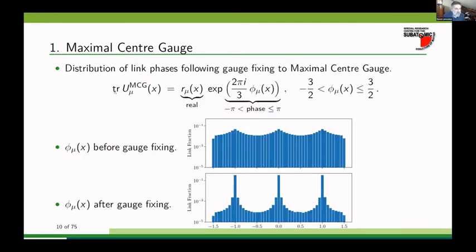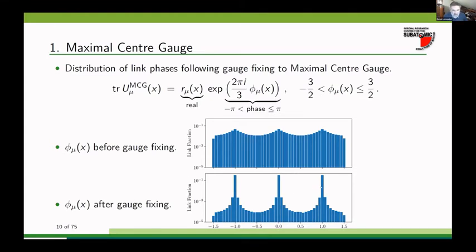Here's how it works. If we look at the trace of a link variable, we can separate that out into a real part and a phase. Of course, the phase goes from -pi to pi. And I'm introducing the field variable phi here with the 3 cube roots of 1 present. So phi will be in this range, and we're expecting it to be +1, 0, or -1. Now, before gauge fixing, you've got a fairly good population of all sorts of phases.